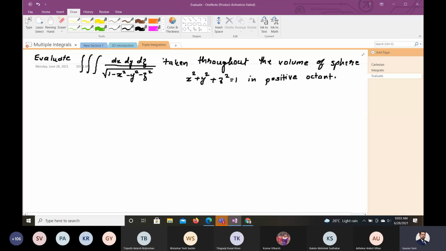Yes, anyone? What logic can you give behind the words positive octant? So in the first quadrant, what do we mean by quadrant here?